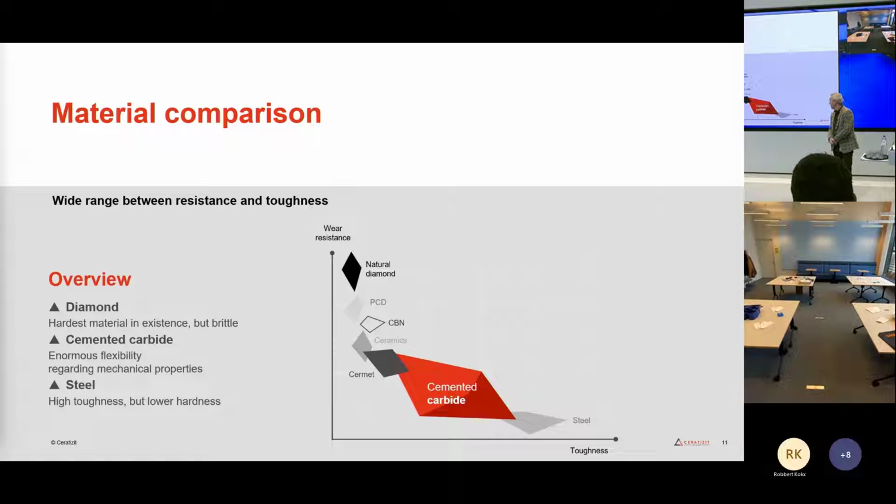It's a cemented carbide. As we can see, it's a big range that we can cover in toughness and also in wear resistance. And right down under, it's the steel part. As we can see, it's a high tough material, but in hardness, very low compared to the other materials.